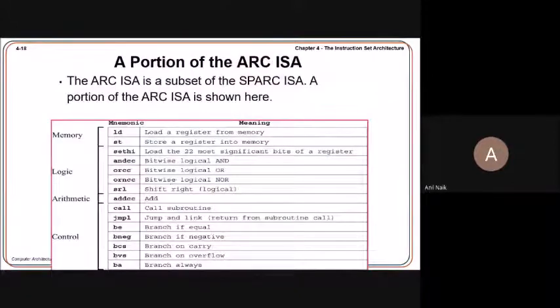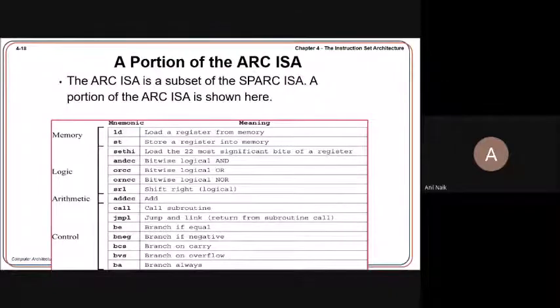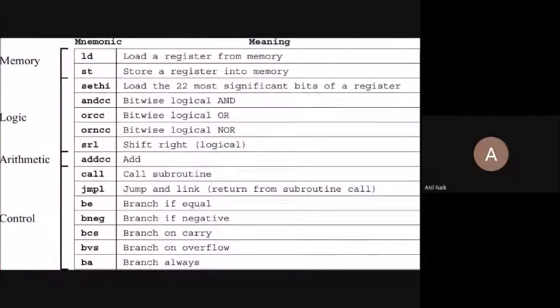Okay. So a portion of the ARC, a RISC processor, is shown here. ARC ISA is a subset of the SPARC processor. So these are some different instructions, enlarged here. What are the memory related instructions?